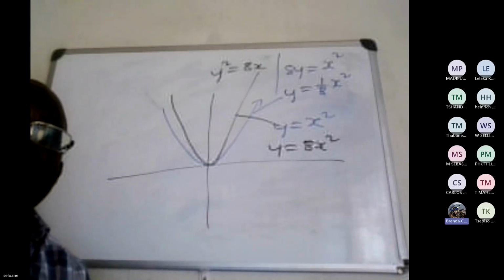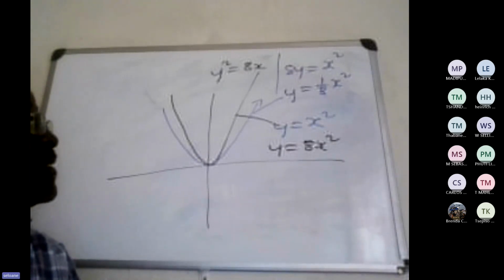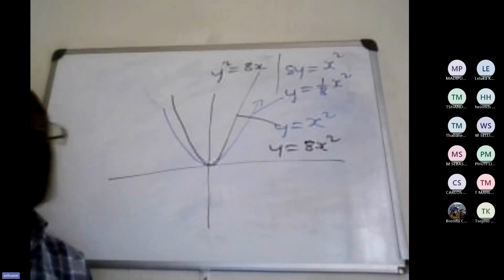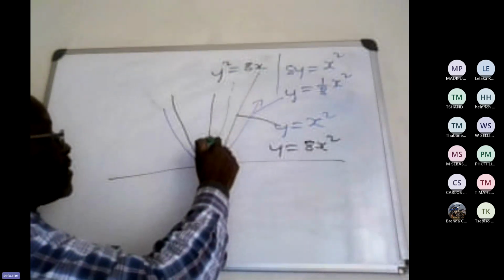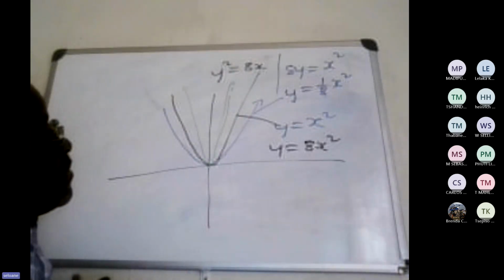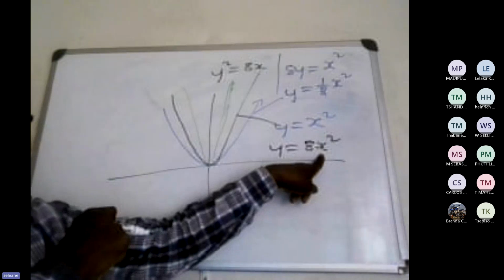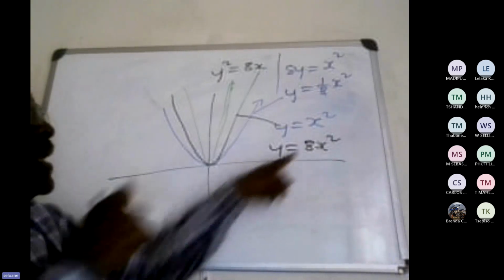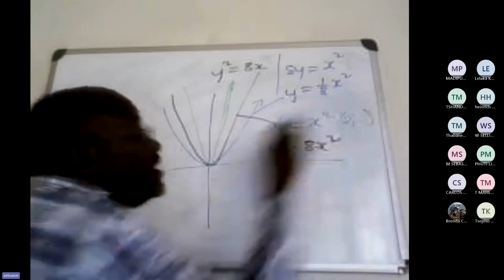I think it's going to be inside. Is it inside? No. It's going to be somewhere here, outside, because we are going to take the y value here and multiply it by 8. Let's say x here is 2.